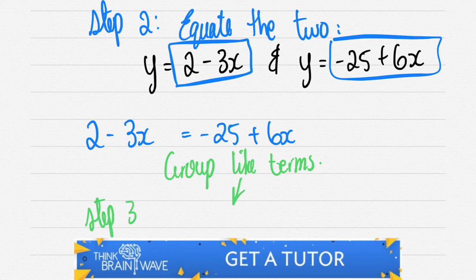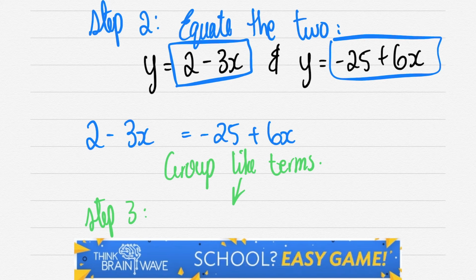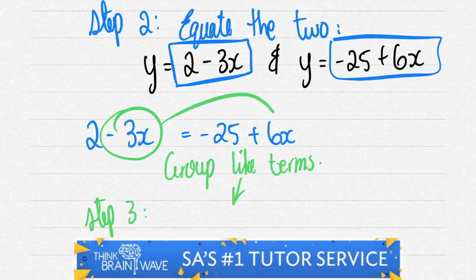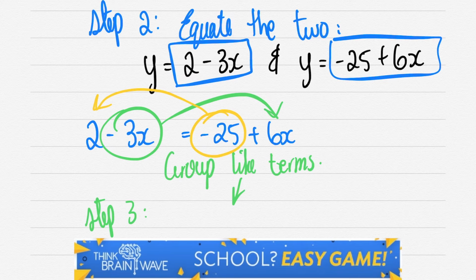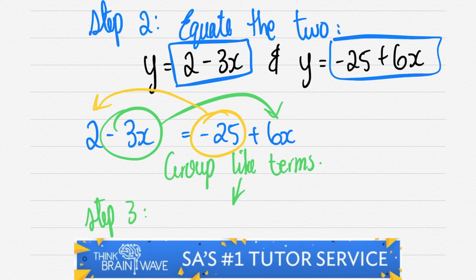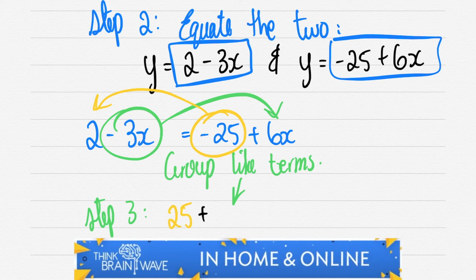Now, basically, our third step, I guess, in this sense, would be to group the like terms. We didn't exactly do that in our second step, but our second step isn't normally equating the two terms. So in this case, we're doing it in our third. So we group our terms. We take the negative 25 to the left-hand side.